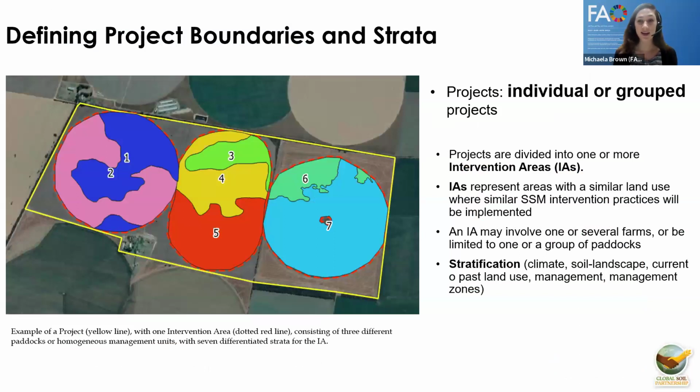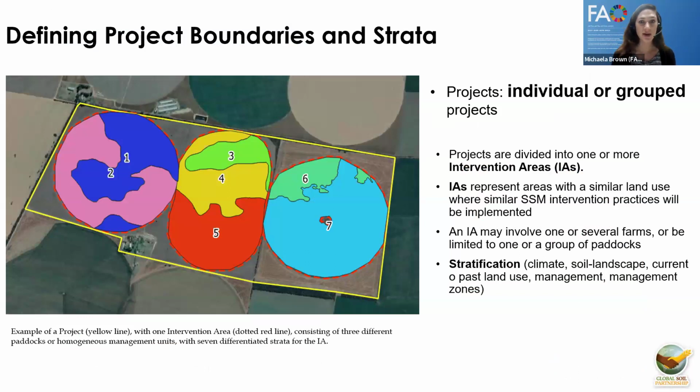Next, after ineligible lands have been excluded and the practices have been applied, we define specific project boundaries. Up to this point, a certain land would have been in mind, but now in order to apply the measuring, monitoring, and verification process, a very specific parcel of land needs to be spatially defined.